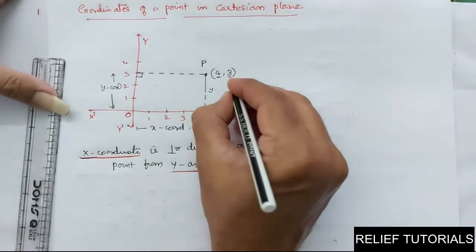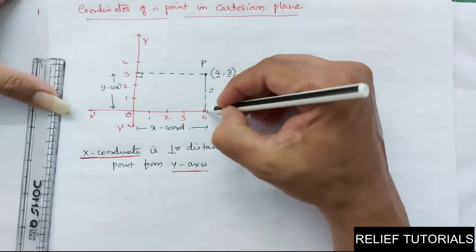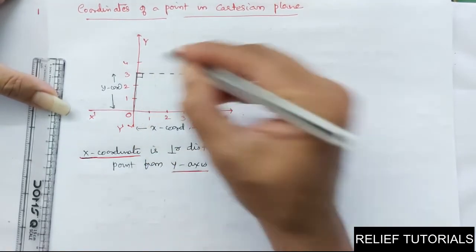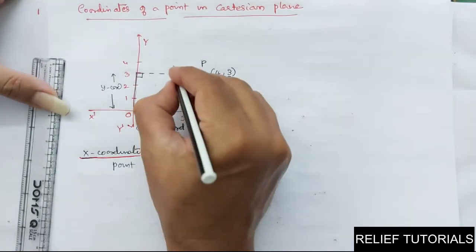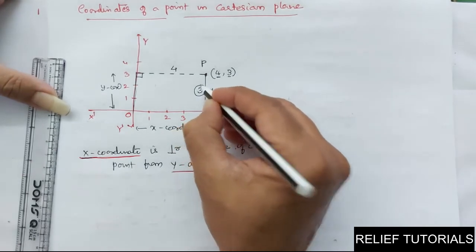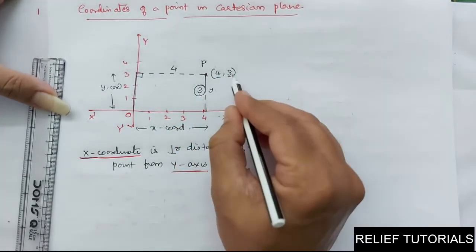And the y coordinate, this 3. What is this 3? 3 is nothing but the distance of point P from the x-axis. See, this distance is 3 units and this is 4 units. So 3 is the distance of this point from the x-axis, and 3 is the y coordinate.